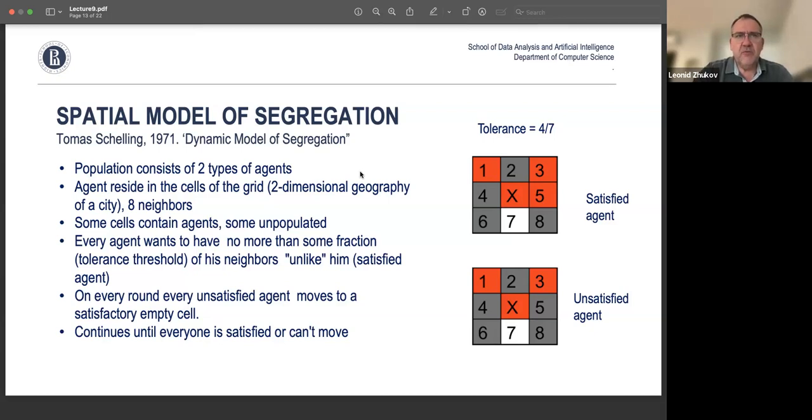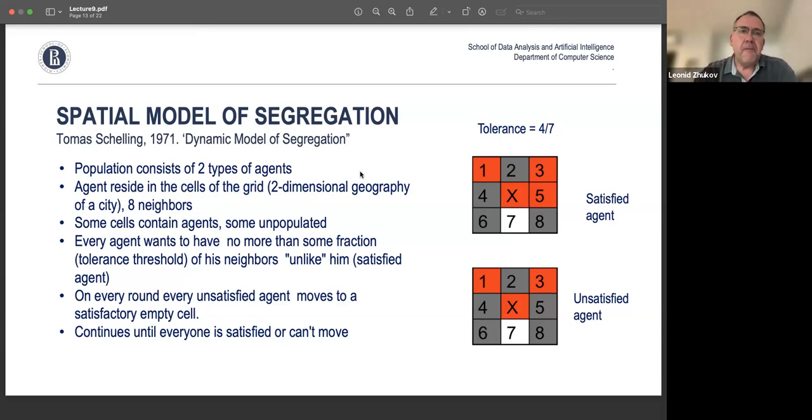Every agent wants to have no more than some fraction of neighbors that are unlike him. You can think about race, or you can think about income. People can tolerate 20% of people of lower income, or 50%. If they're very tolerant, they'll tolerate like 99%.